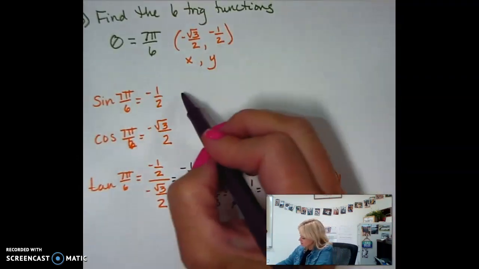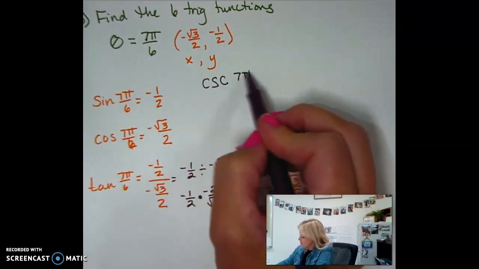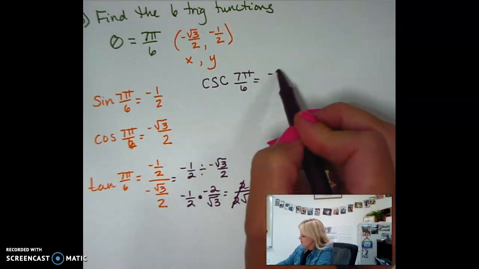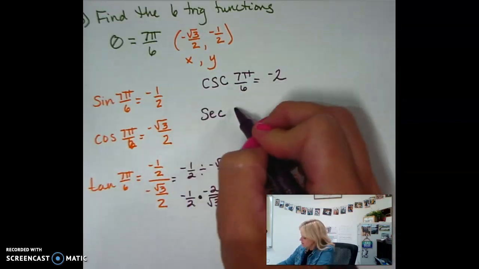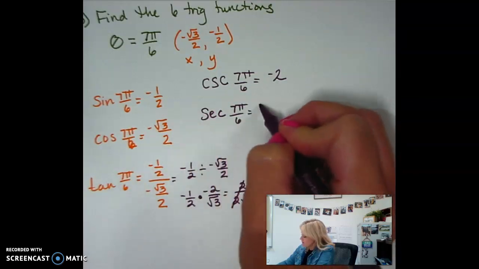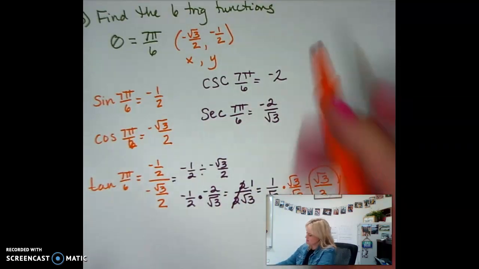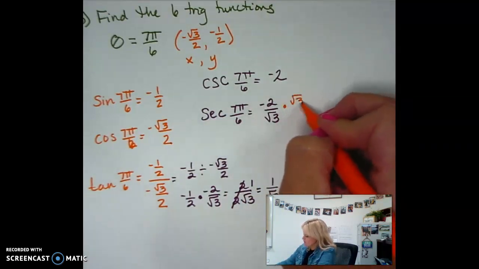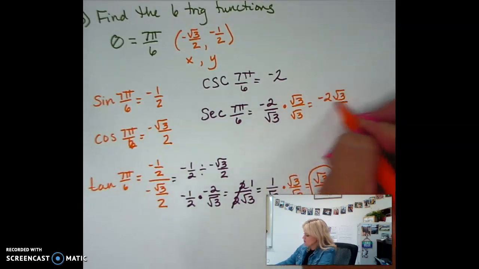All right, cosecant is the reciprocal of sine, so we have a negative 2. The secant is the reciprocal of cosine, and we have a negative 2 over the square root of 3, which again, I need to rationalize, and when I do that, I end up with negative 2 square roots of 3 over 3.